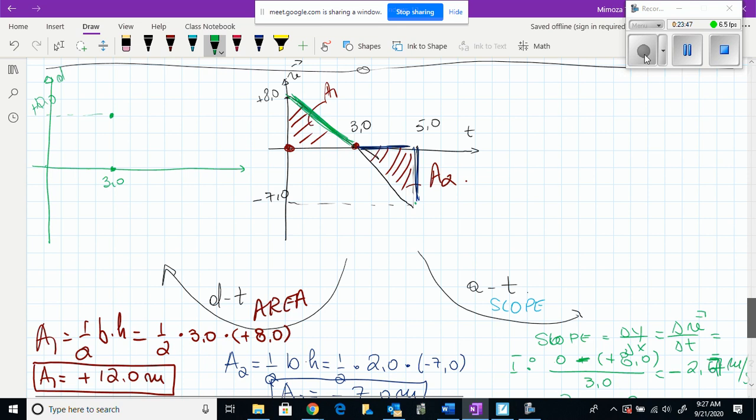The velocity falling down means that the curve will be down, slowing down. Okay, guys?